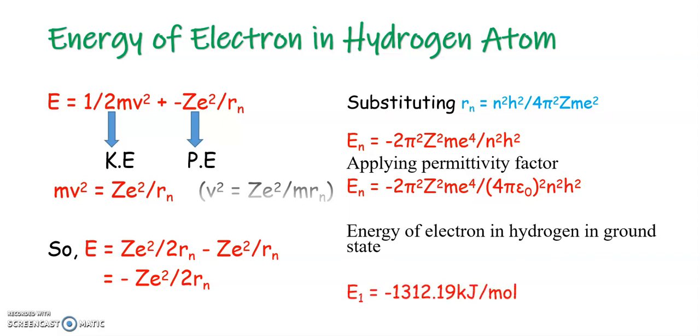And for the hydrogen atom in the ground state, the energy is minus 1312.19 kilojoule per mole, and in electron volt we have the value minus 13.6 electron volt, as 1 electron volt equals 1.602 into 10 raised to minus 19 joule. I made some mistake; it is 10 raised to minus 19 joule.